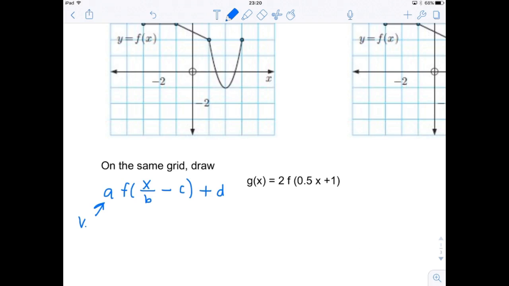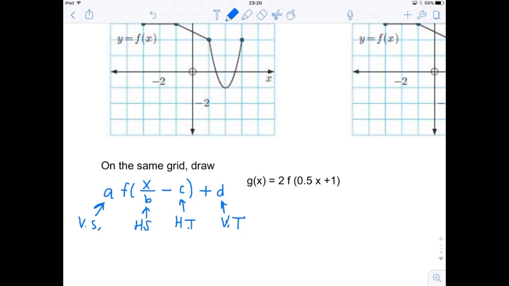The A here is a vertical stretch. The D here is a vertical translation. The C here is a horizontal translation, and the B here is a horizontal stretch.